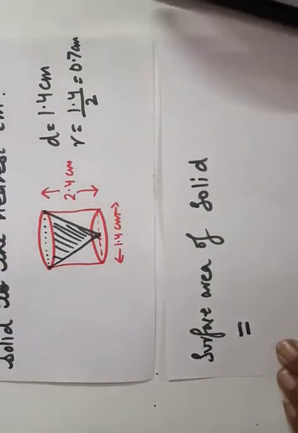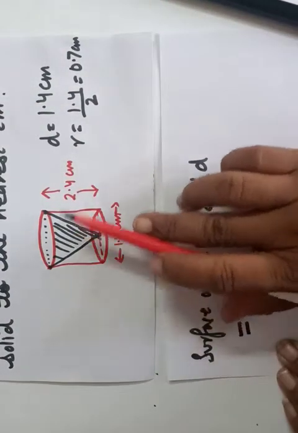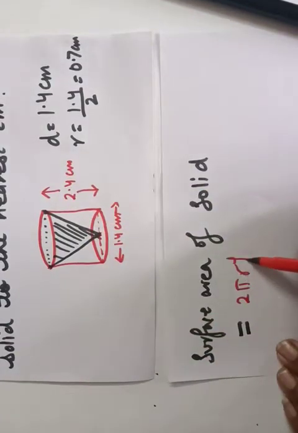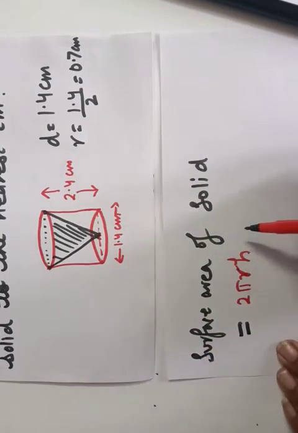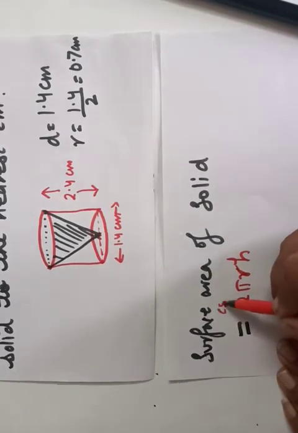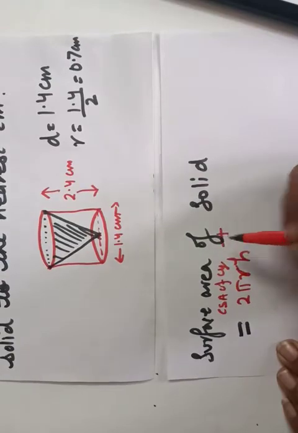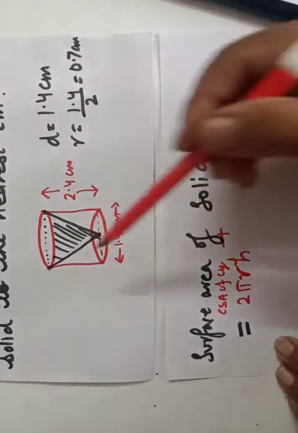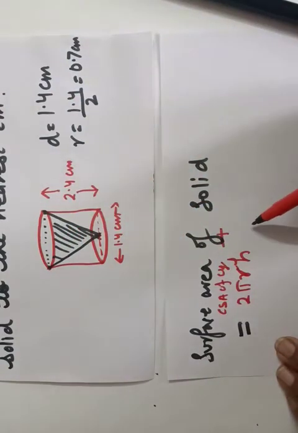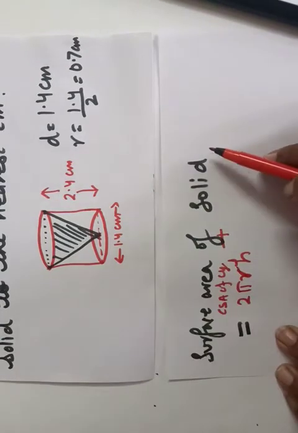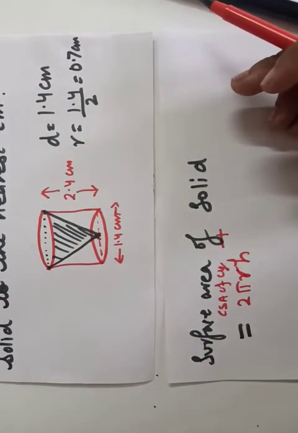That will equal, of course, the curved surface area of the cylinder, that is 2 pi RH, plus the curved surface area of the cone also, because we need to find the surface area, and whatever surfaces are visible to us.